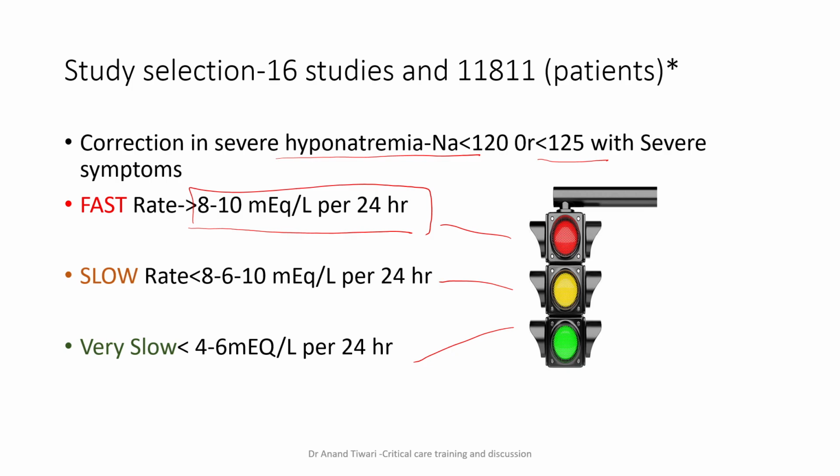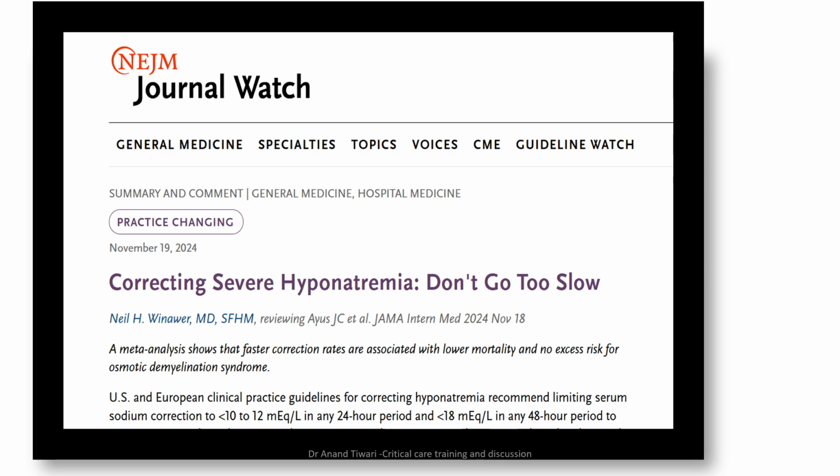If you see, all these studies have not checked a very high rate. They compared 8 and 6 and 4 and 6. So in clinical practice, we never go this slow. 4 to 6 milliequivalent per liter per 24 hours in a symptomatic patient is out of the question, and we have to target one of these to reduce the risk of hyponatremia-induced injury, and the rate of correction.